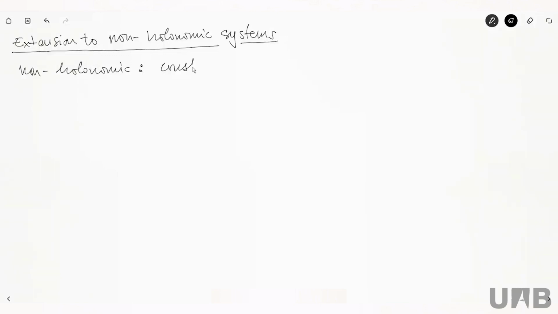The constraints involve velocities. And therefore, you cannot solve the constraints to write the Cartesian coordinates, for instance, in terms of the generalized coordinates.